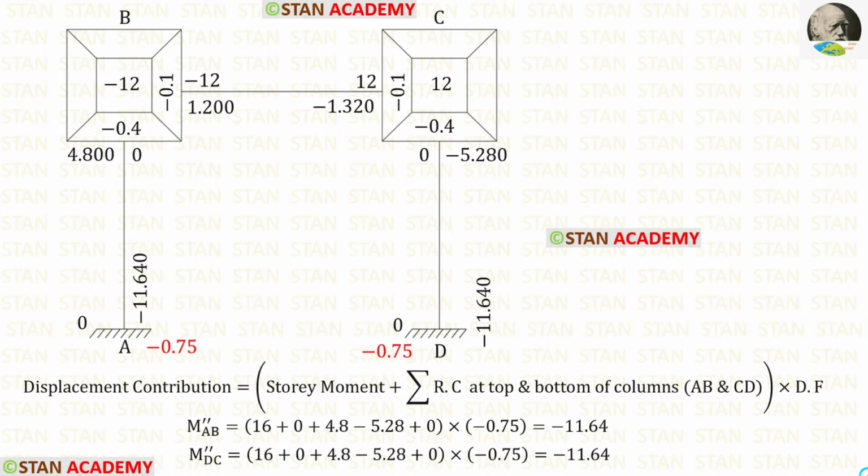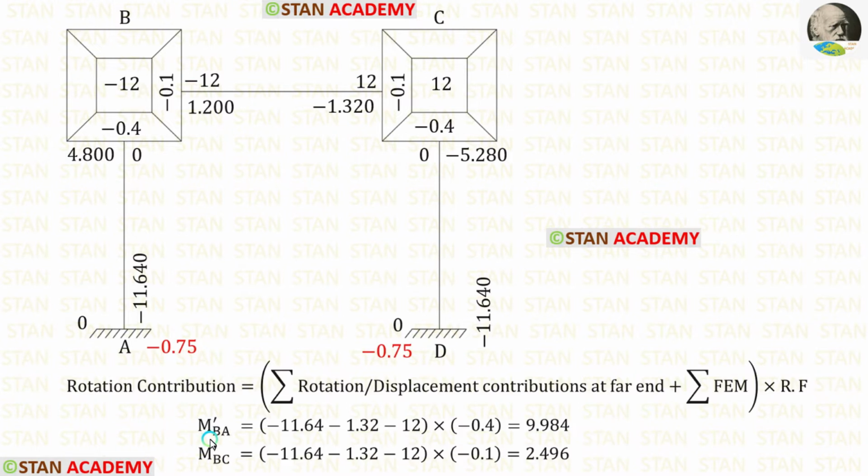Let us start the second iteration. Let us find M dash BA and M dash BC. Now in the point A, we have the displacement contribution minus 11.64. In the point C also, we have the rotation contribution minus 1.32.